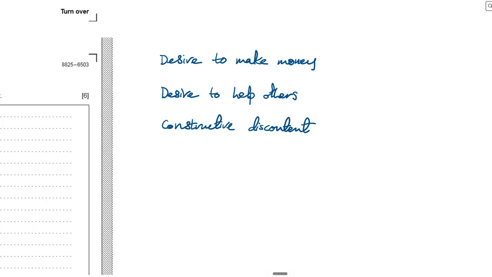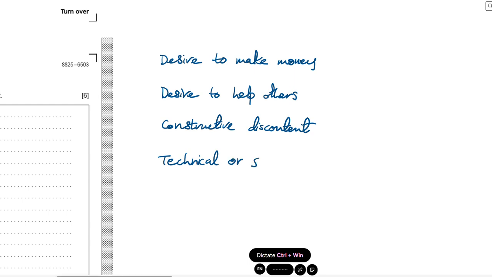Constructive discontent is when you see a problem and you see an existing solution that is terrible and doesn't solve the problem effectively. And so you're annoyed, you're dissatisfied, that's the keyword, and you want to build a better solution. And next is technical or scientific curiosity, right?